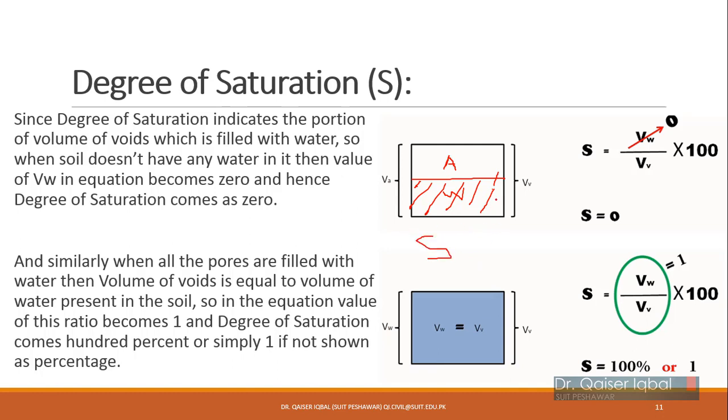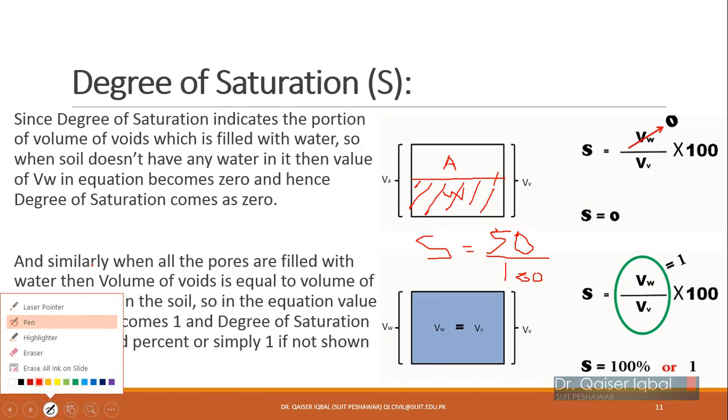So for the degree of saturation, let's say if I call this whole as 100, then in this case 50% is filled with water. So it will be 50 divided by 100. If all is 100 and the top is 50, then 50 divided by 100. So if you do that, that will basically give you the value as 0.5. So 0.5 is your degree of saturation in this case.